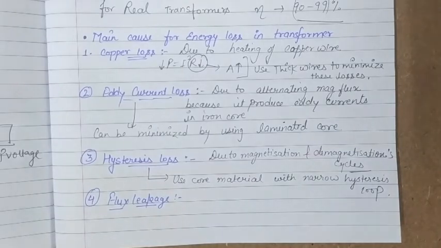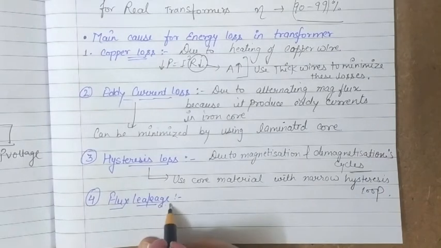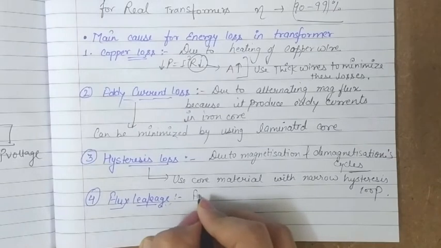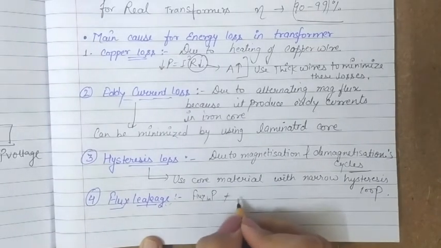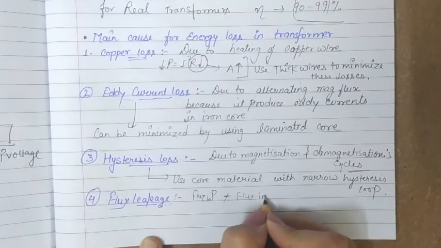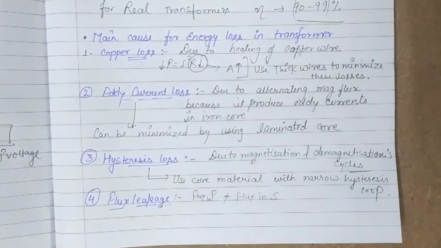So flux leakage means this loss is because of the mismatch of flux, meaning the flux in the primary coil, that is Φp, is not equal to the flux in the secondary coil. Although we try to match it, ideally it is not necessary that they are exactly equal.